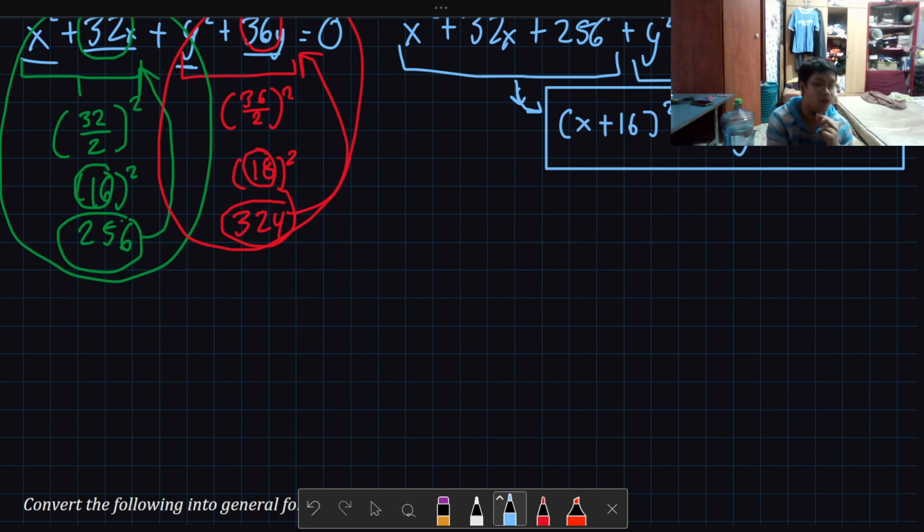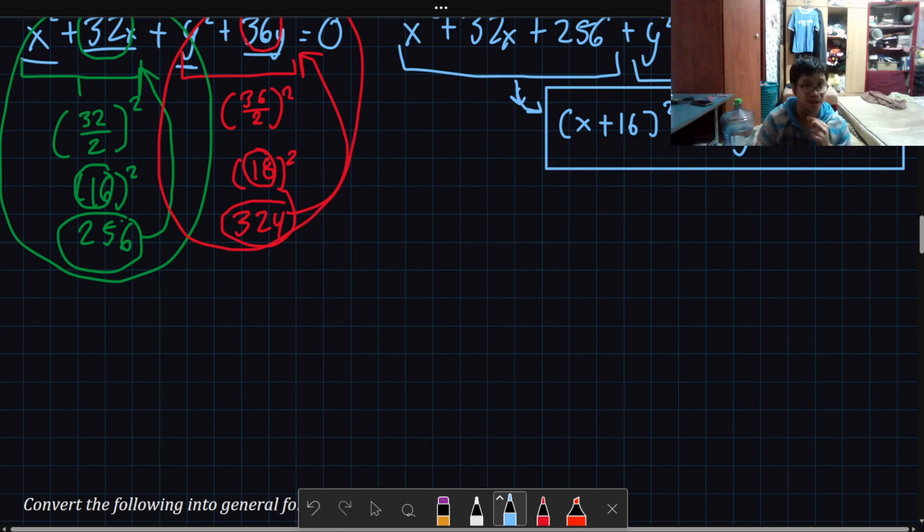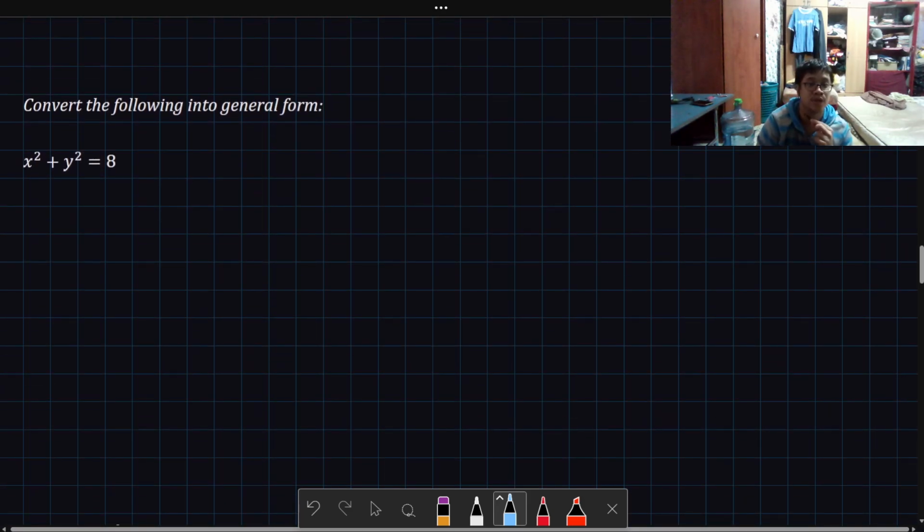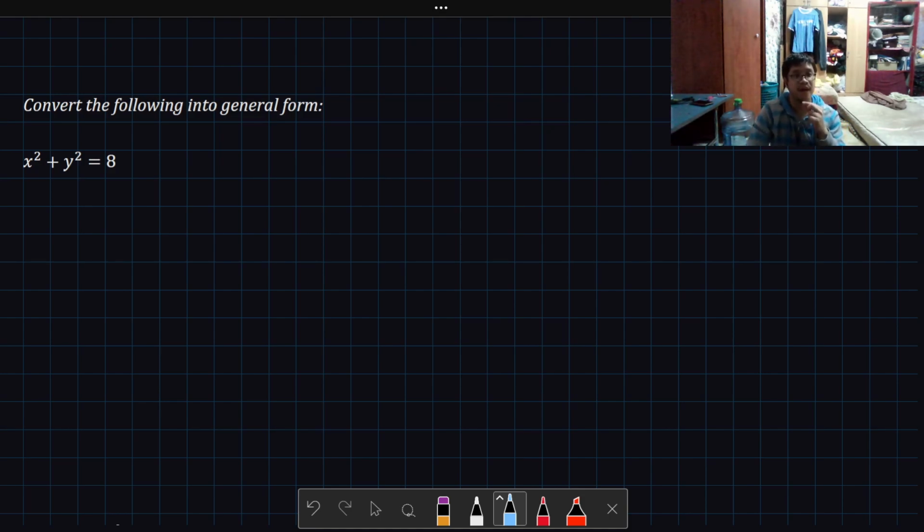Okay. So since you're done resting, all right, which I assume that you rested for 5 to 10 minutes. Let's go back. Now here, let's convert the following into general form, which is, I do believe, much easier than the previous problems we solved. So here we have x squared plus y squared is equal to 8. Okay, this is like first case, right?